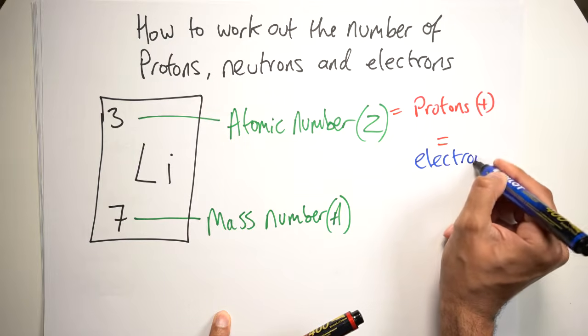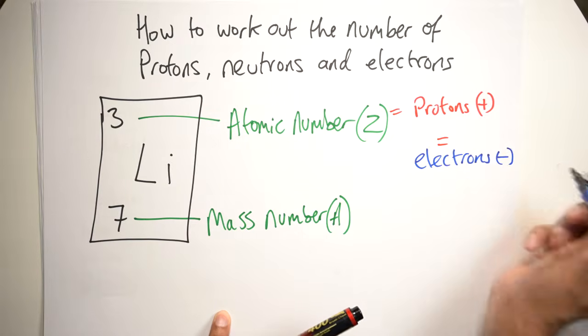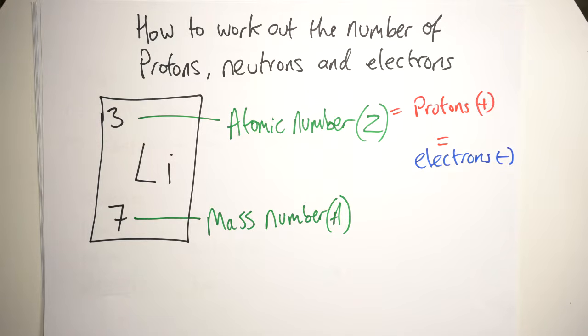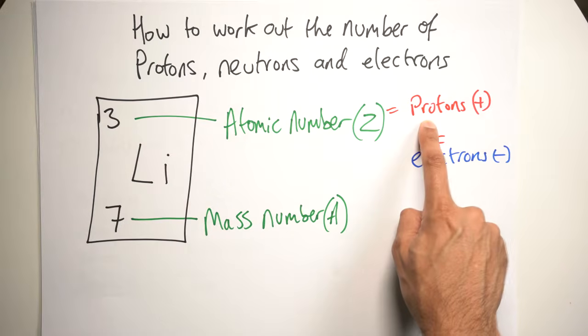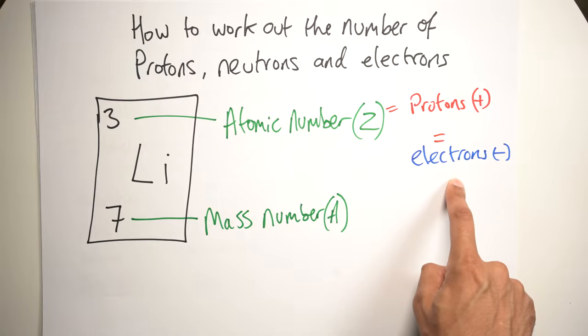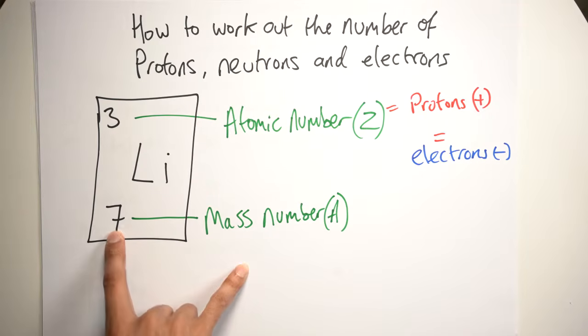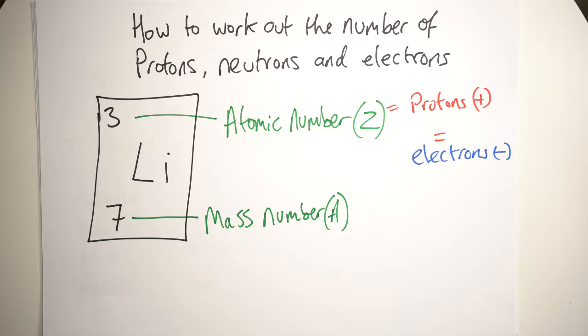And the reason for that is that the electrons are negatively charged and you want the positive and the negative charges to balance out because the atoms are electrically neutral, okay? So the small number tells you the number of protons, it also tells you the number of electrons.